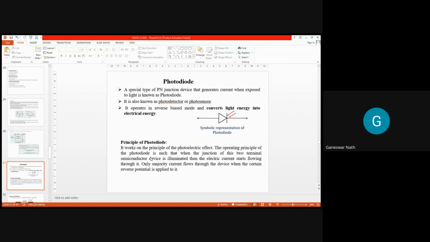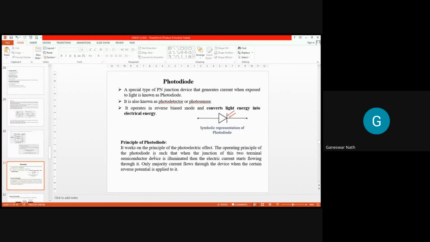In the solar cell you can find the arrow marks pointing outward, but here the arrows point inward. This simply converts light energy into electrical energy. This is just the reverse of LEDs. And here you can find the principle.